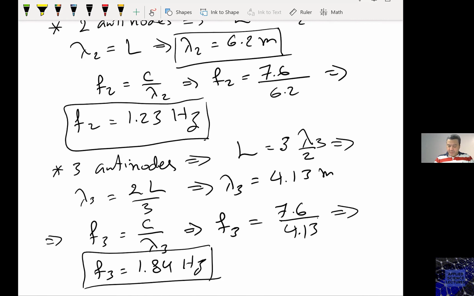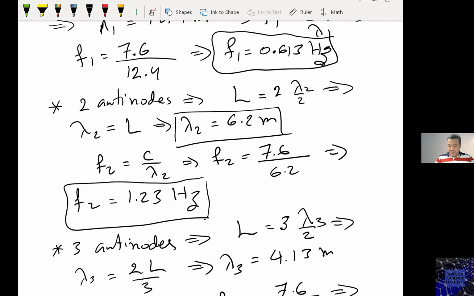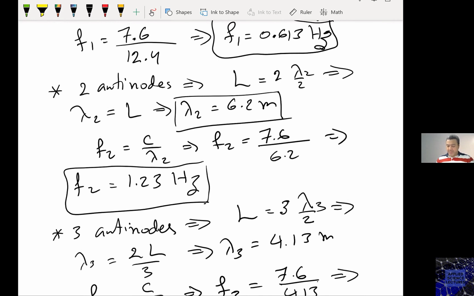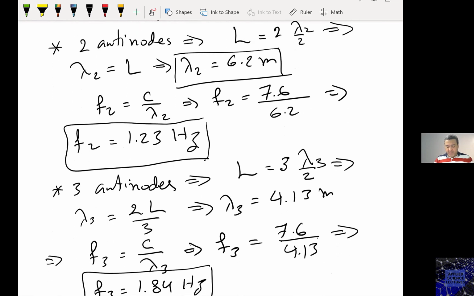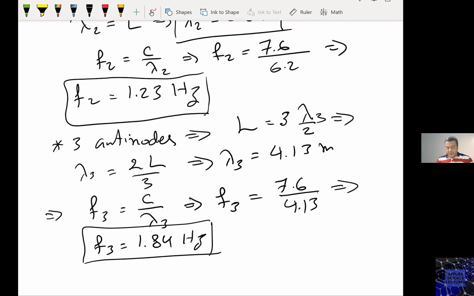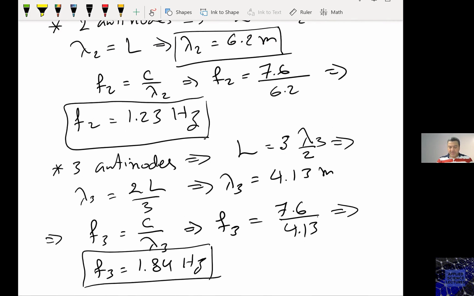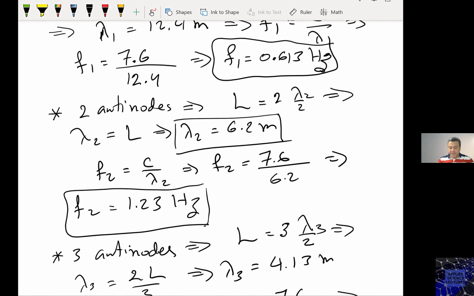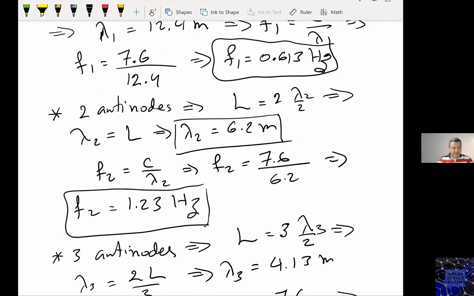So if you compare those frequencies, let's look at them. What do we have here? We have 0.613, the fundamental frequency. Then we have the second harmonic, 1.23 hertz. Then we have the third harmonic, 1.84 hertz. What is the relationship between those frequencies? Remember, 0.613 is the fundamental frequency, the first harmonic.